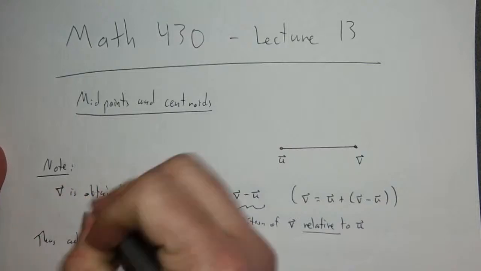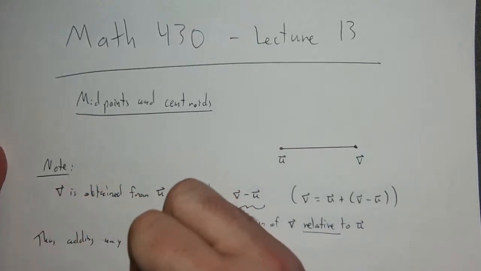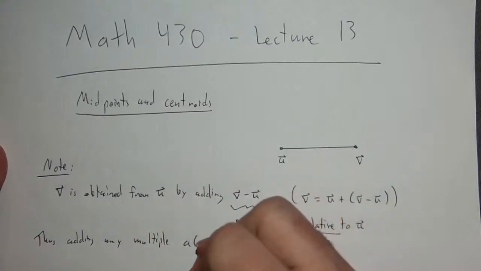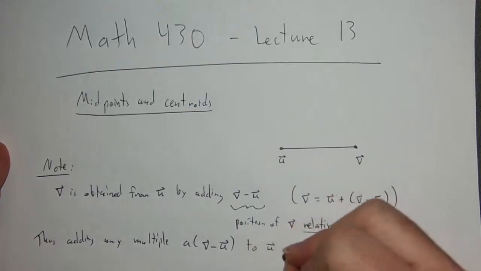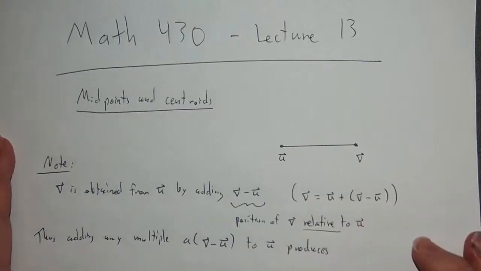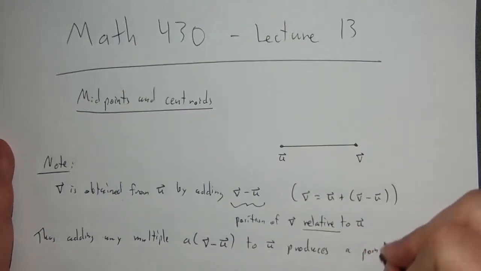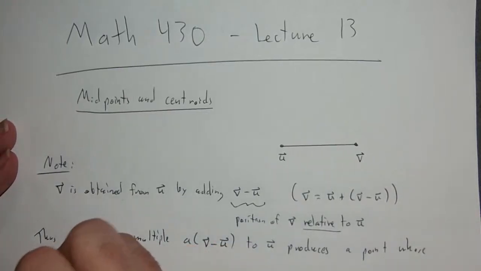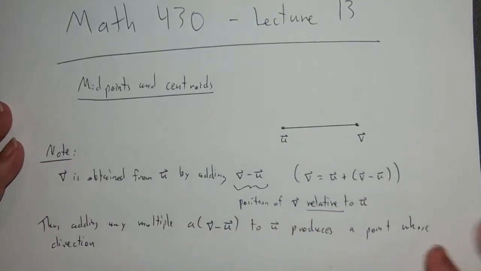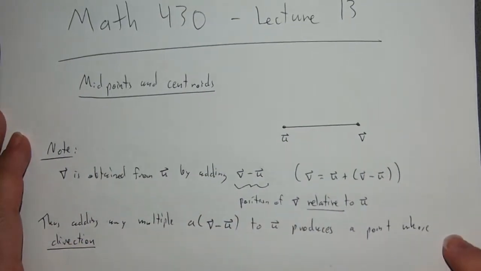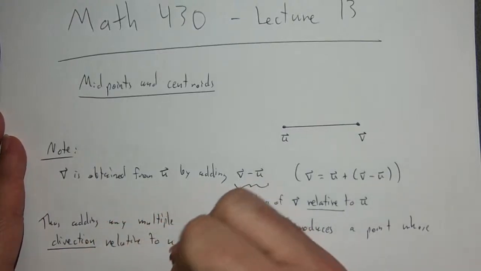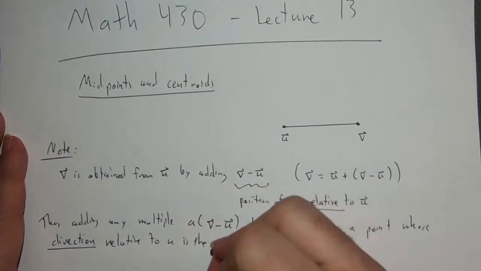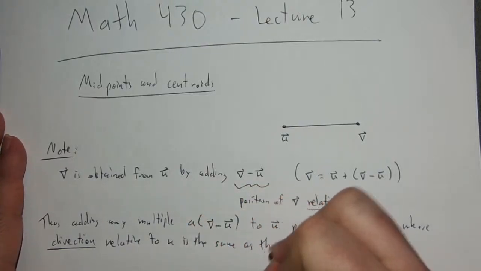Thus, adding any multiple, say a times v minus u, to u, produces a point whose direction, in that sense we talked about in the last lecture, whose direction relative to u is the same as that of v.